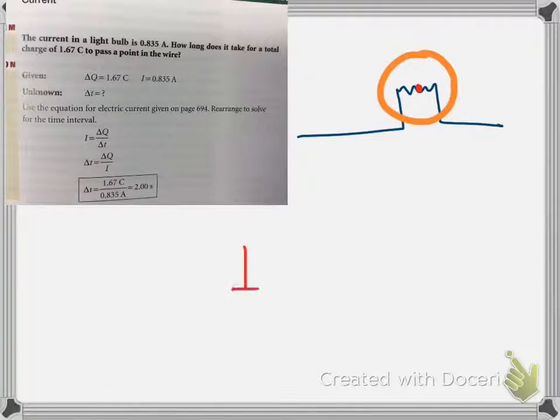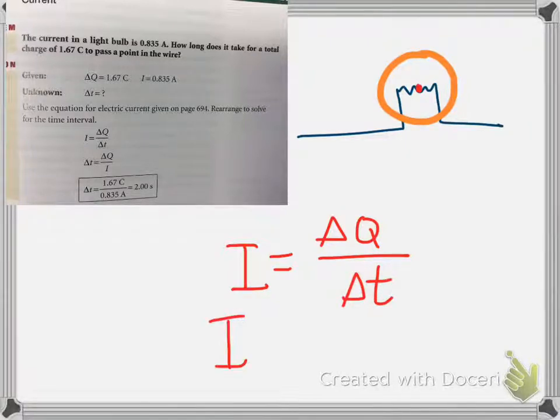Well, what we know is that the current, I, is equal to the charge divided by time. So current times time, whoops, what am I doing? Solving for the wrong thing, that's what I'm doing.